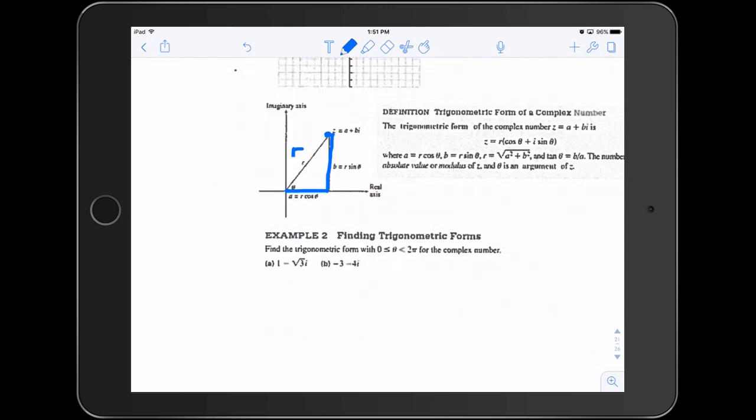And what we do want to use, and I don't know how well you can see this up in that box up there, but you're going to either use z is equal to r cosine theta plus i r sine theta, or here's the one I tend to like, r cosine theta plus i sine theta.